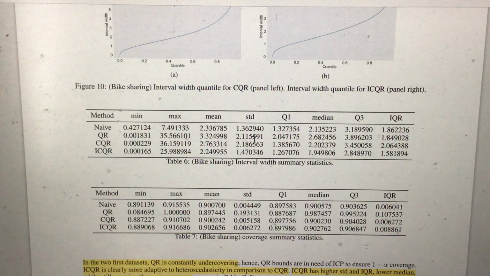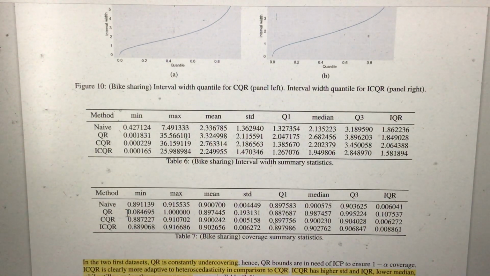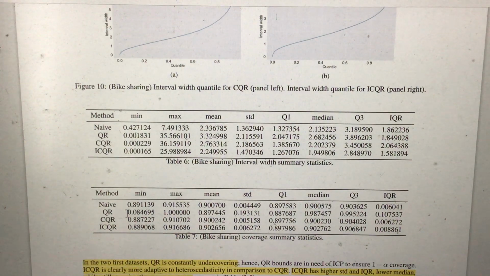But the coverage of QR is very erratic: the minimum will be only 8%, and the maximum will be 100%. But ICQR is very average, very close to 90%.